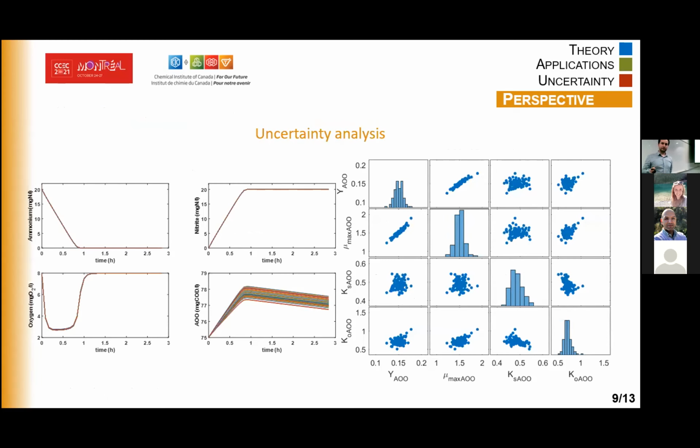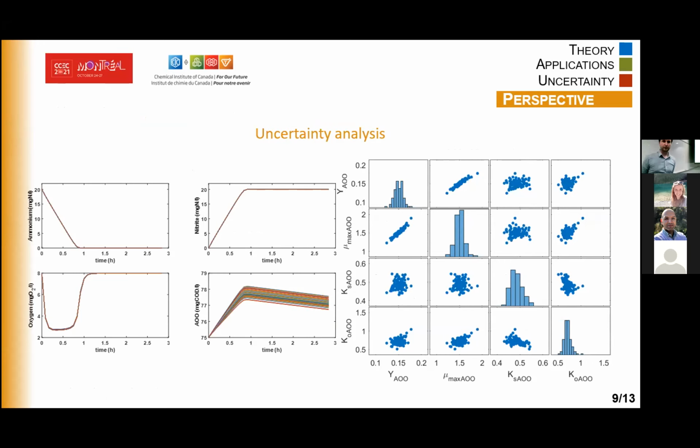After we do that, we can evaluate the uncertainty analysis. So we see how parameters actually affect our output variables. And on the right-hand side, we can see, for example, that there is a high linearity between some of the parameters, where you see, for example, linear correlation between them.